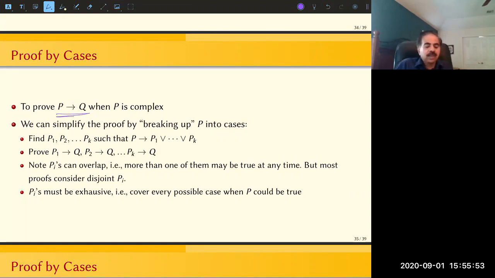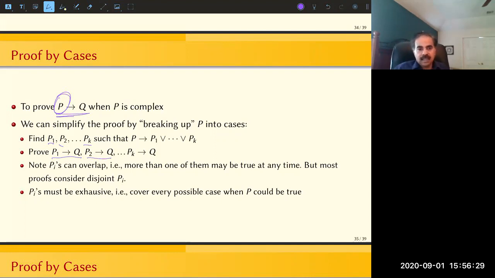Typically the reason is that P is somehow a complex condition and it's difficult to work with. And then what you can do is break up P into many cases. So you can say when P is true, one of P1 through Pk, which are each simpler conditions than P, must be true, and then you go ahead and say, okay, if P1 is true, then I can prove Q. And then if P2 is true, then I'll go ahead and prove Q, and so on.